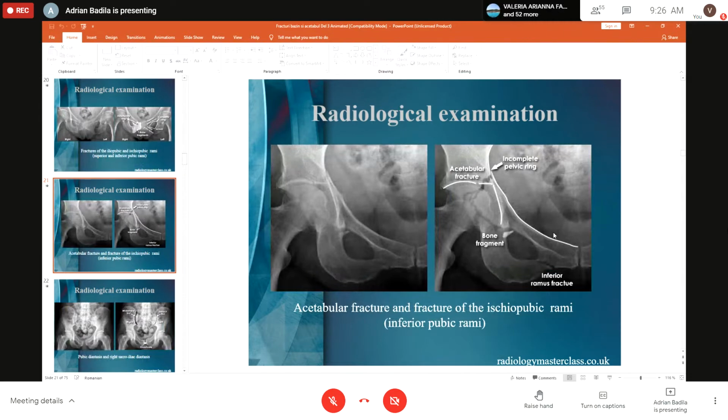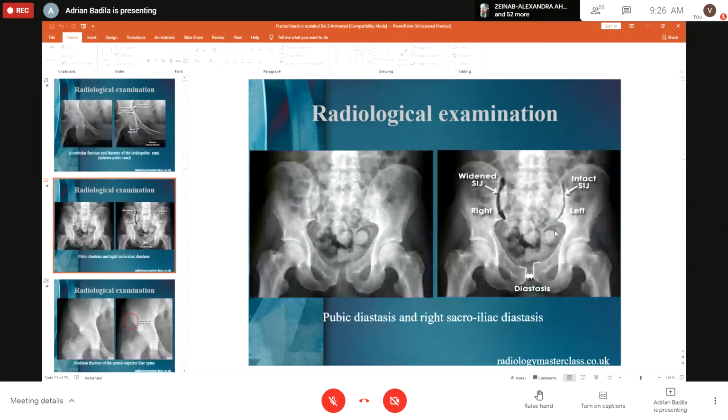Another image, we have a fracture at the level of the acetabulum, and we have here a fracture of the ischiopubic rami. Another one, we have diastasis, that means widened joint at the level of the pubic symphysis, and a widened sacroiliac joint on the right part.